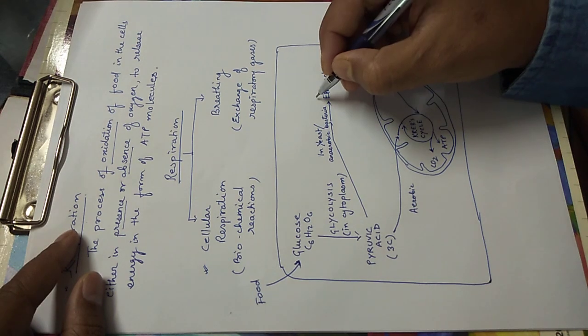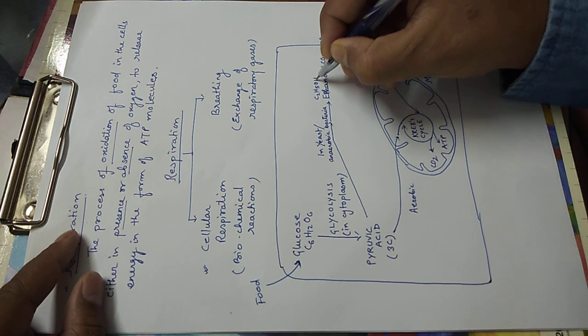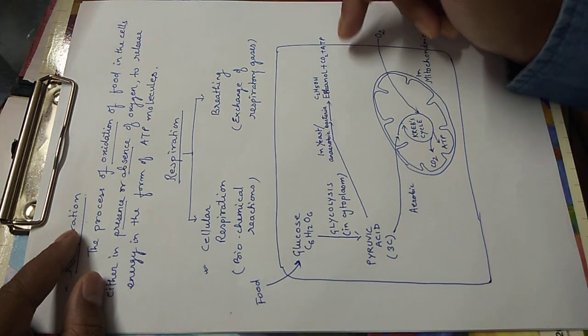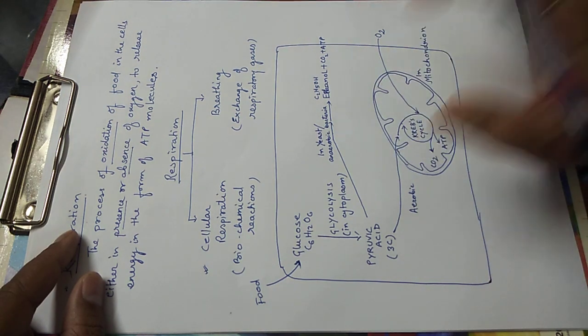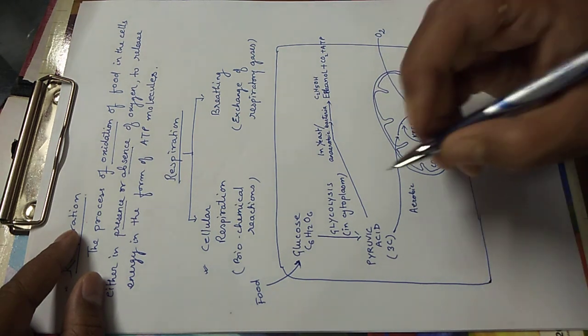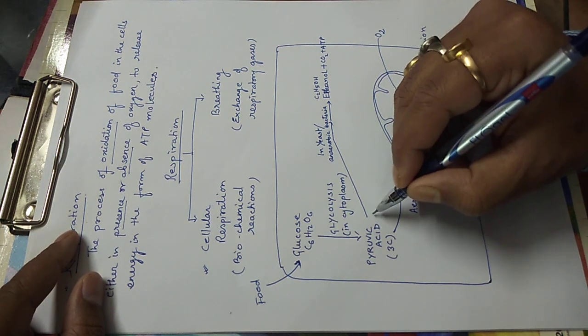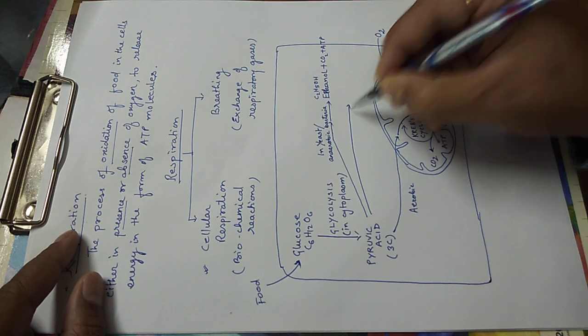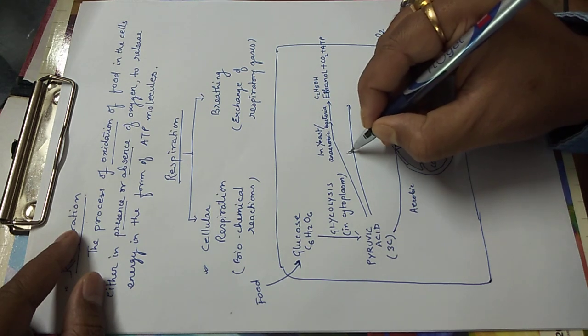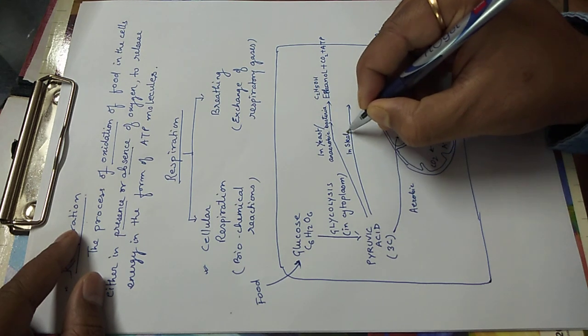So ethanol, C2H5OH, carbon dioxide and ATP. So this happens in yeast and anaerobic bacteria. And there is another case of anaerobic respiration which occurs in our skeletal muscles.